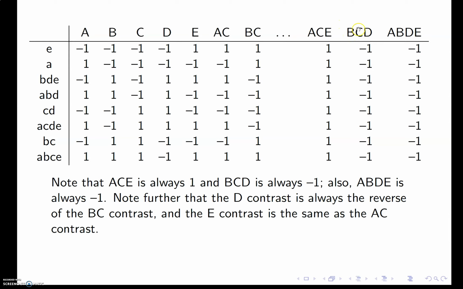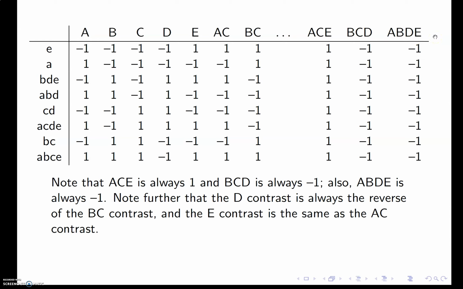C, let's ignore for now, but we have a single D and a single E. So A, B, D, and E show up one time if we get that generalized interaction between those two defining contrasts. C shows up 2 times, and remember when we operate on the exponents of that generalized interaction by modulo 2, we get a remainder of 0 for C. And so what's left is A, B, D, E.